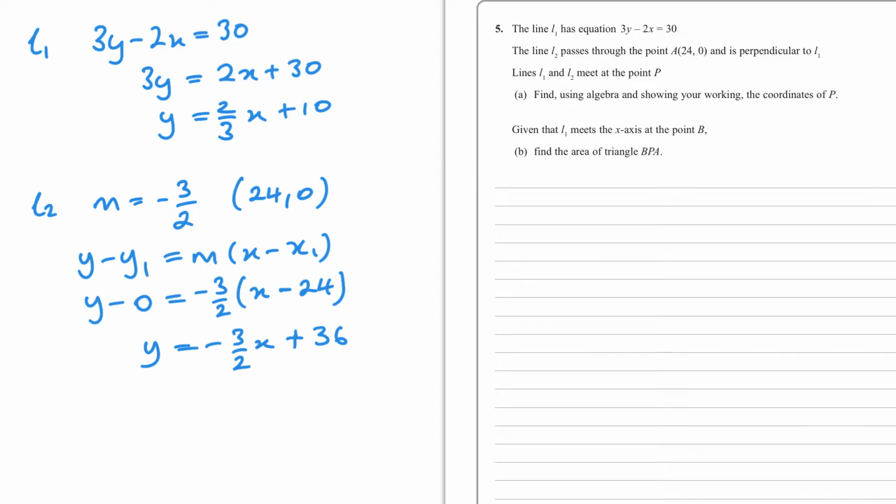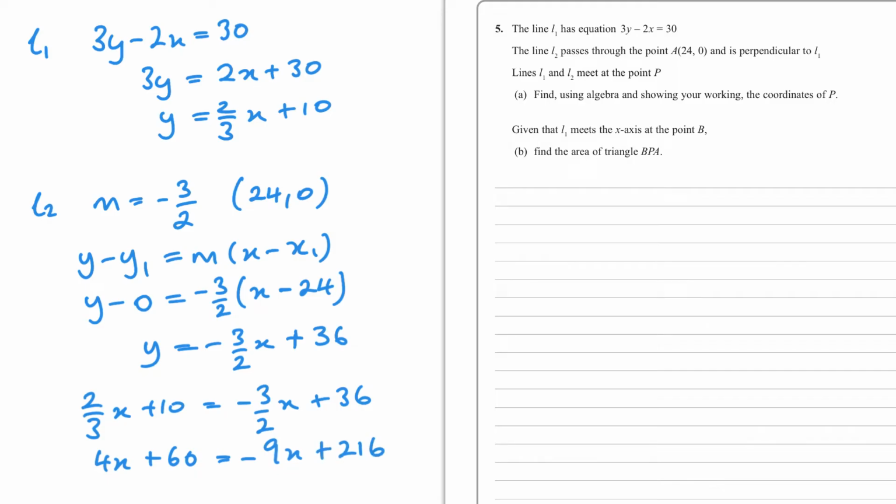Now for them to meet means that they have to be equal. So we can say that 2/3 x plus 10 equals -3/2 x plus 36. Now I'm going to multiply through by 6 just to make my life a little bit easier. And that then gives me 13x on the left and 156 on the right. Divide them by 13 and I get that x equals 12.